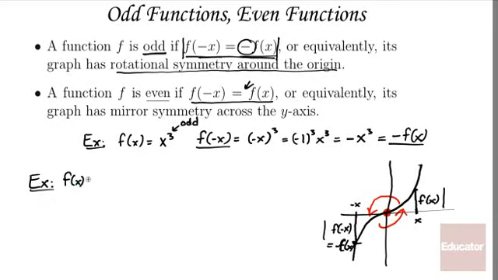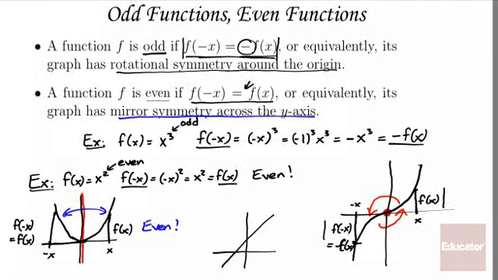And there's a common misconception among students. People think, well, with numbers, every number is either odd or even. People think, well, every function is odd or even, and that's not necessarily true. Just for example, here's a line, but that doesn't have rotational symmetry around the origin, nor does it have mirror symmetry around the y-axis.